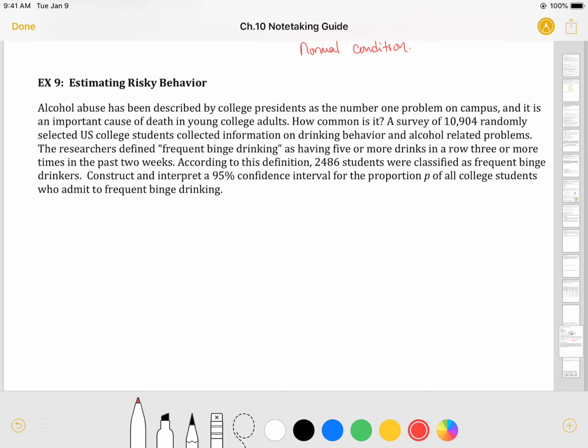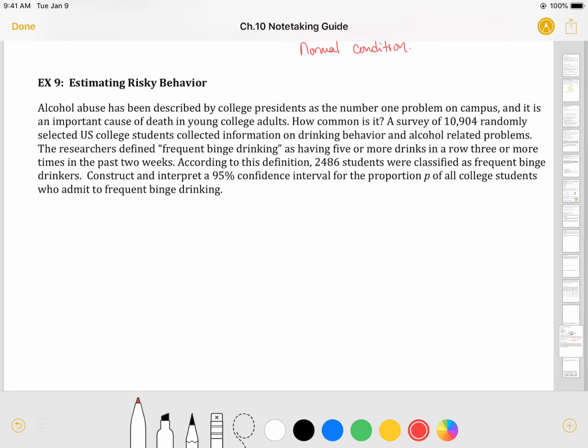The researchers defined frequent binge drinking as having 5 or more drinks in a row, 3 or more times in the past 2 weeks. According to this definition, 2,486 students were classified as frequent binge drinkers. Construct and interpret a 95% confidence interval for the proportion p of all college students who admit to frequent binge drinking. Okay, so we're going to follow our 4-step process to construct a 95% confidence interval.